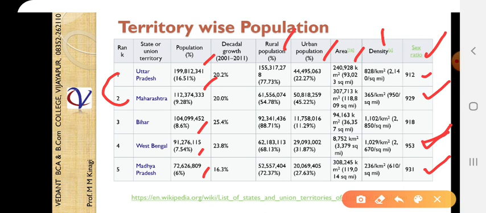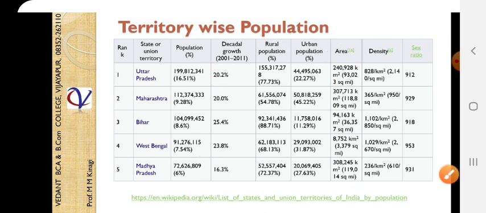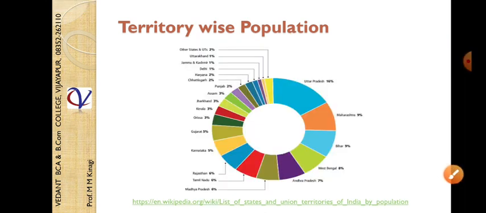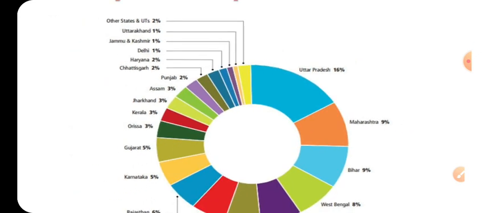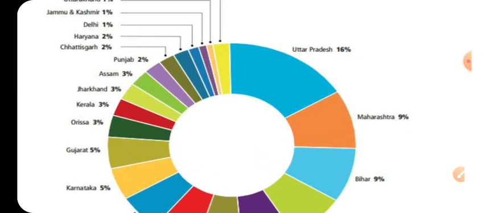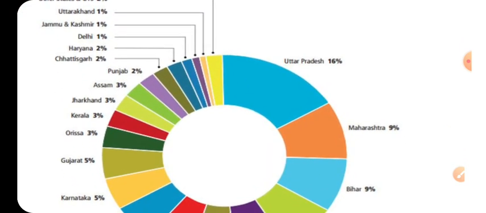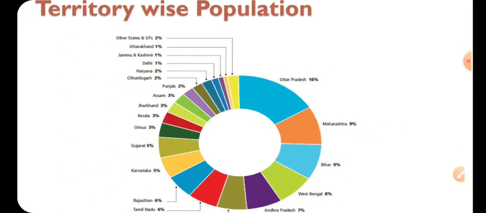So this is the territory-wise, that is state-wise, population I have given here. Similarly, the top is UP. If you convert it into percentage, UP contributes 16% of India's population, and the second largest is Maharashtra with 9%.